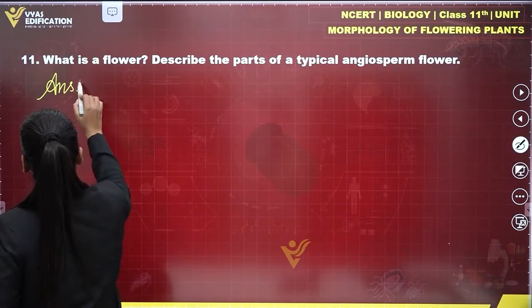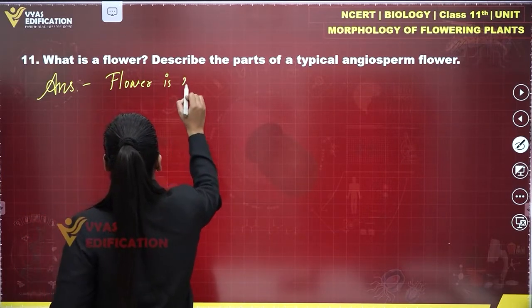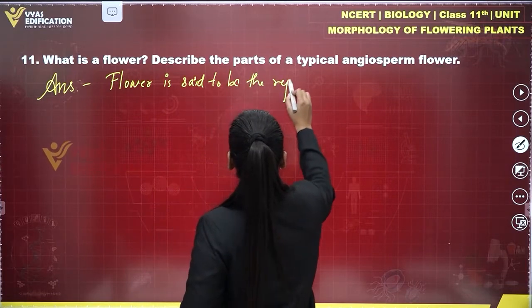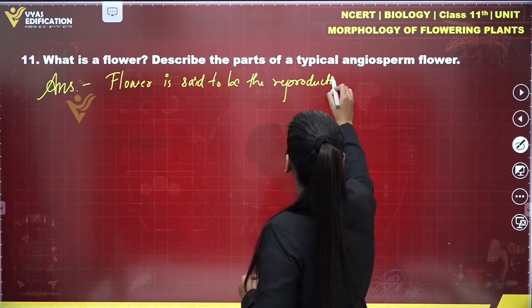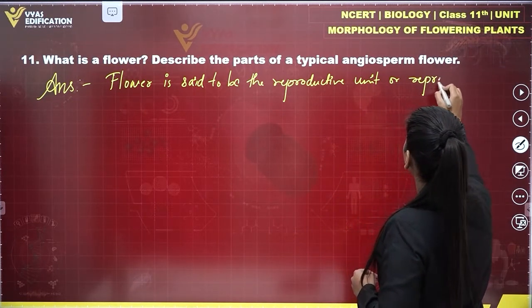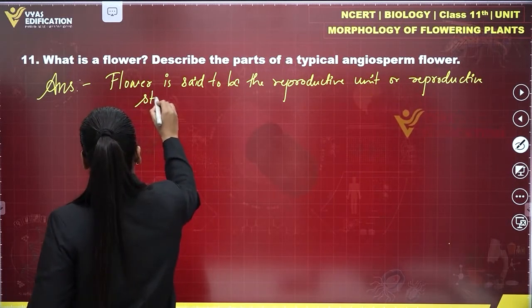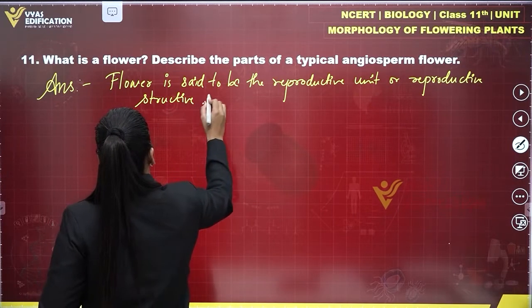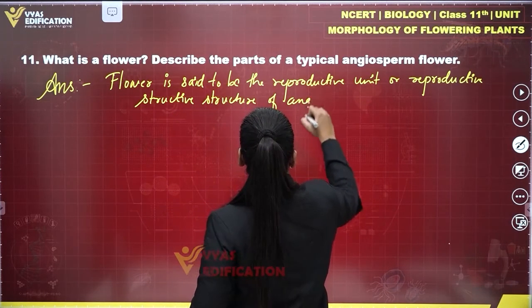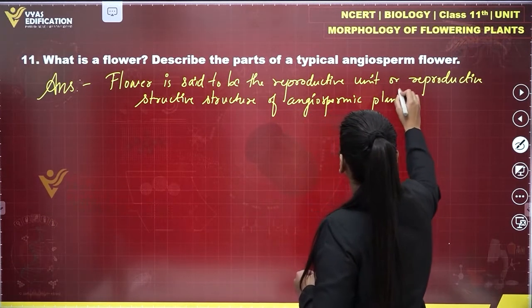We are going to write what is a flower. Flower is said to be the reproductive unit or reproductive structure of angiospermic plants.